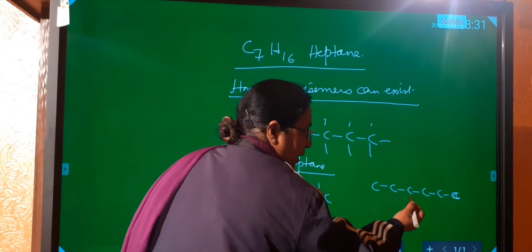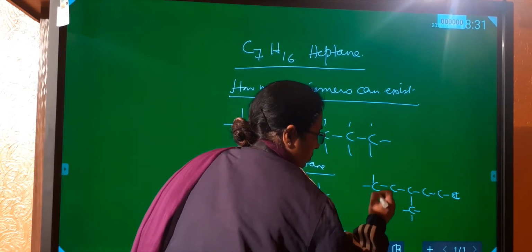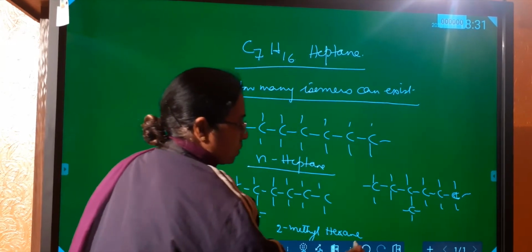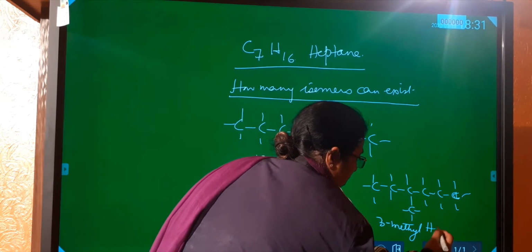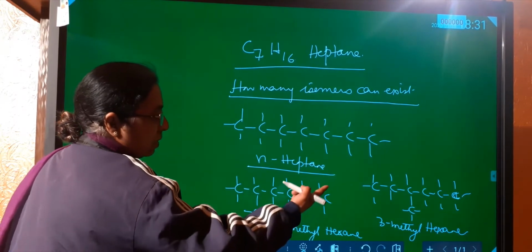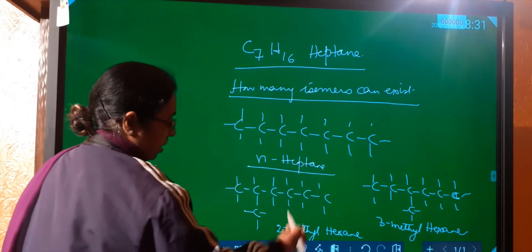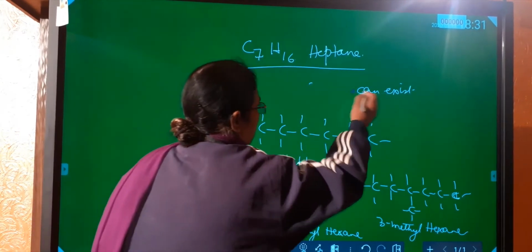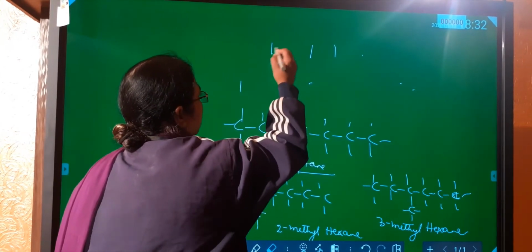So another one, what I can do is similarly 1 2 3 4 5 6, okay, and पहले 2 में draw किया था, अब 3 में draw करें. So this becomes 3-methyl hexane. Alright. Then after that, now let us make this a 5-membered chain.